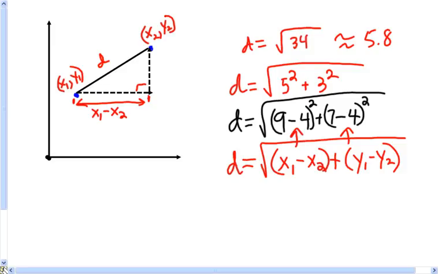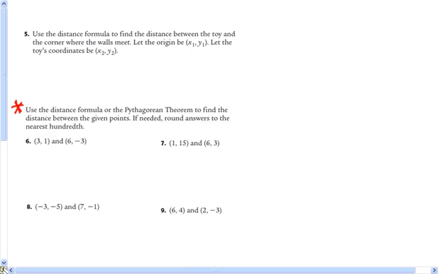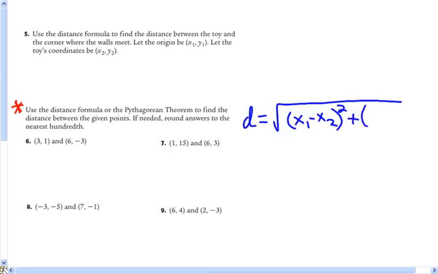So let's go back to the page, and let's write this distance formula right here, right now. So distance equals, I want to subtract my two x coordinates, and then square that, subtract my two y coordinates, and square that, and then add those two together, and take the square root of that.